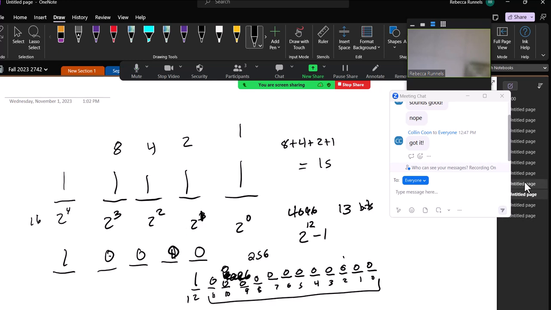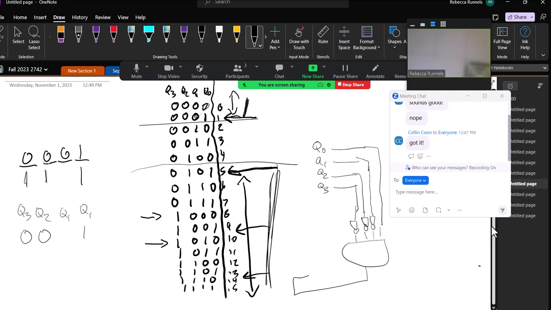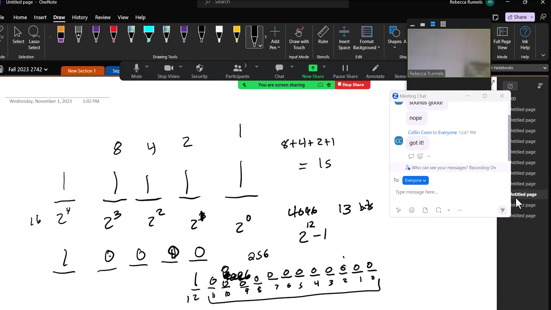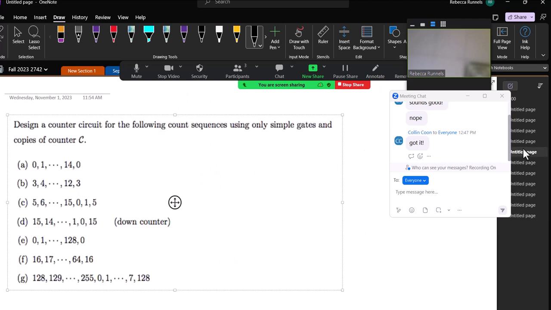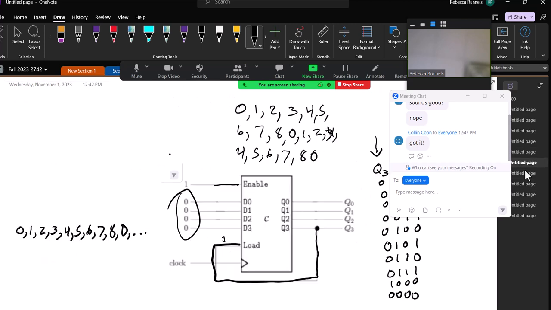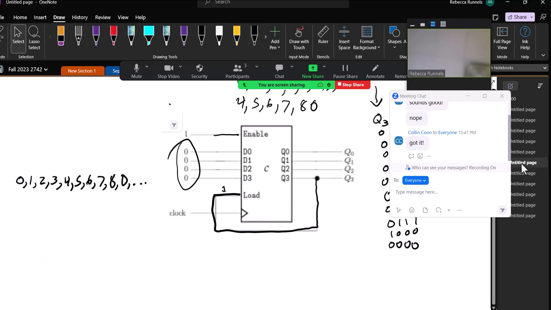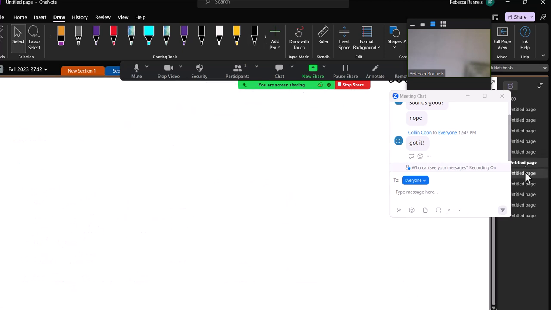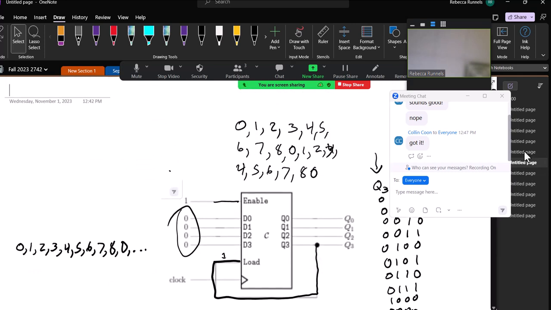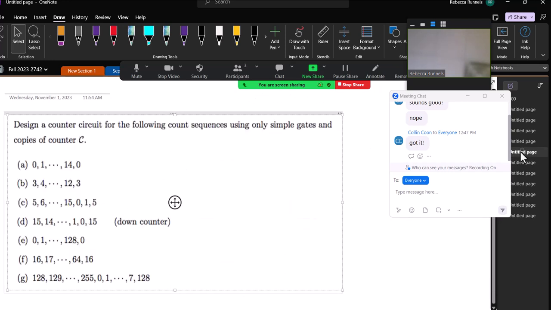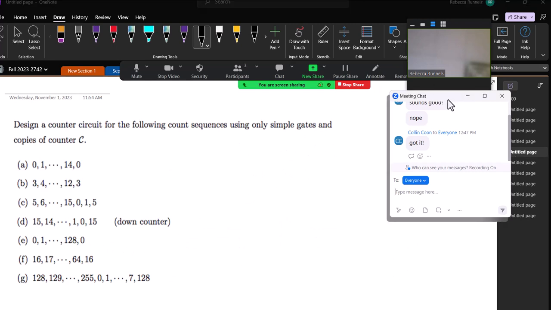Let me get to it. I don't know what page it was on.